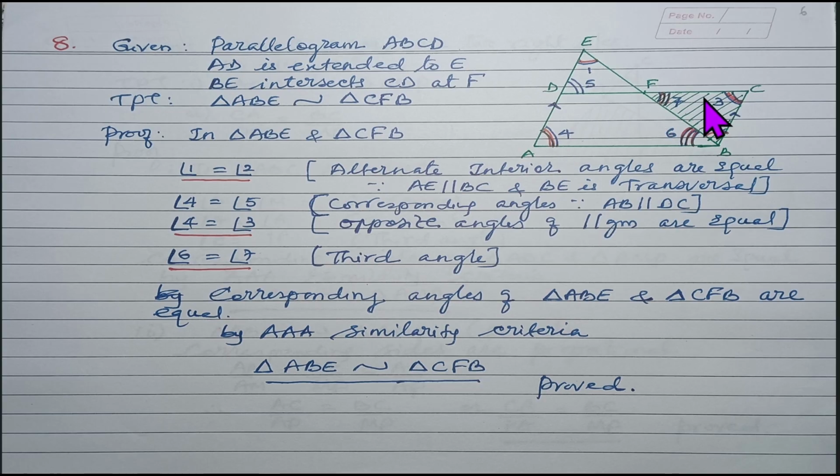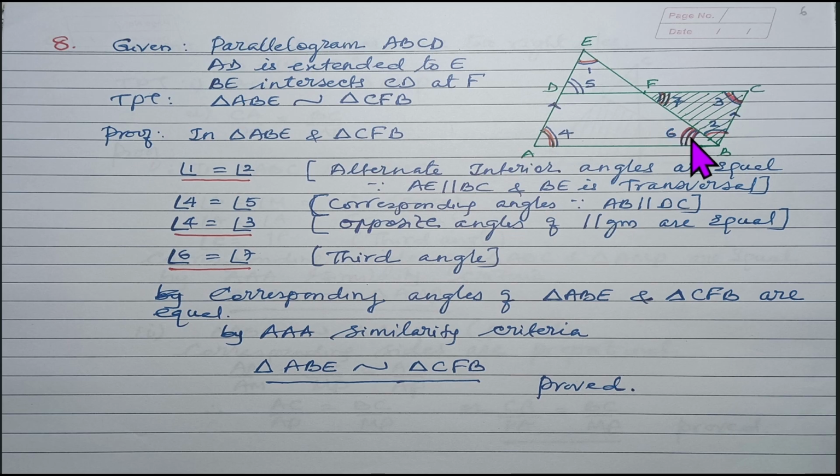But angle 4 is equal to angle 3 because they are opposite angles of the parallelogram. So 4 is equal to 5 and 4 is equal to 3. Please remember this. And angle 5 is equal to angle 3, again interior alternate angles. So therefore angle 4 is equal to angle 3. So that is the second important point.